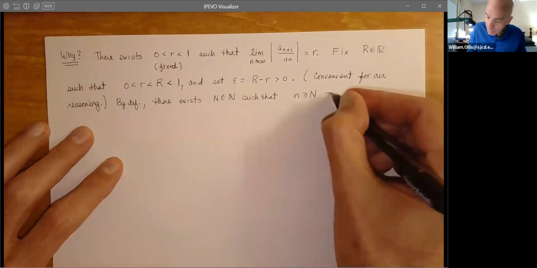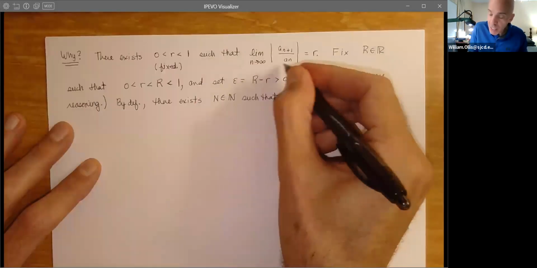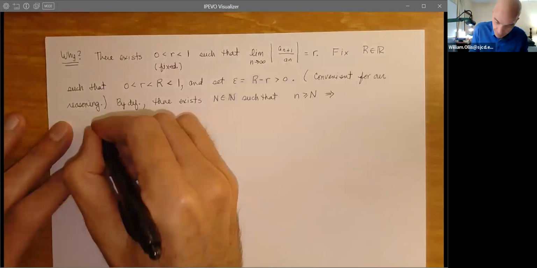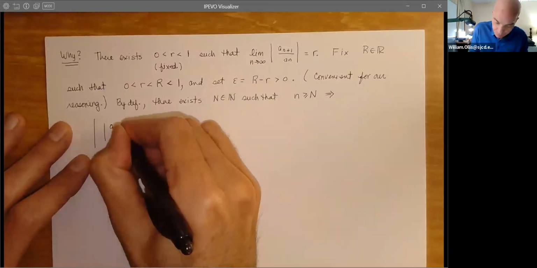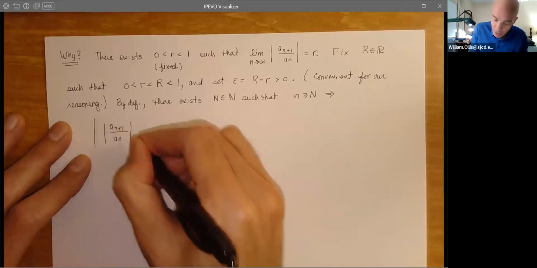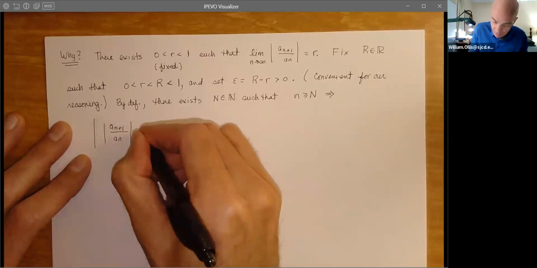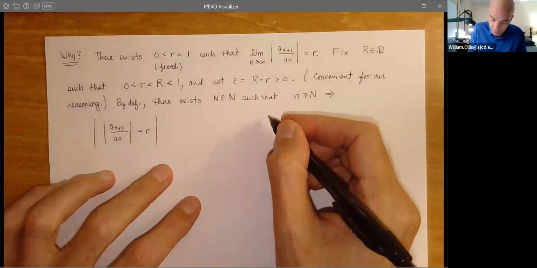This implies that the generating sequence here, that is the absolute value of a sub n plus 1 divided by a sub n, is within epsilon of the limit. And our epsilon is big R minus little r.